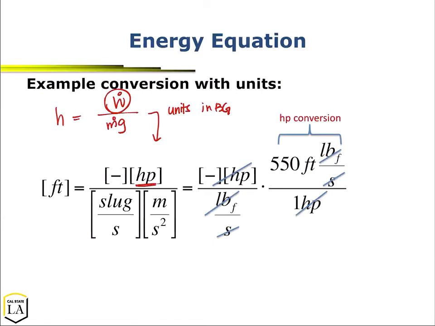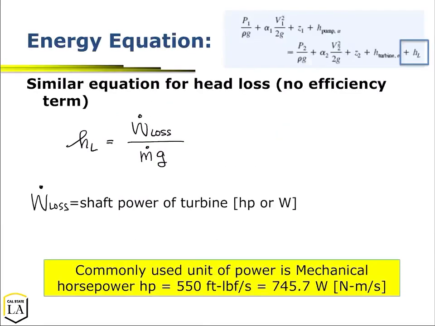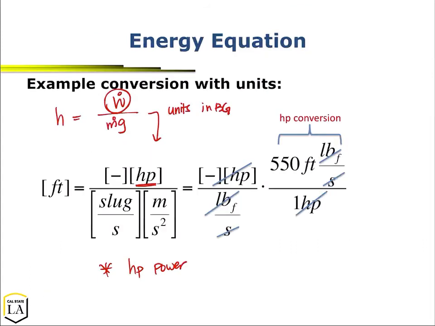One thing I want you to note, and I know this is really unfortunate, is that you should be very careful: HP, if that's given, is talking about power, a commonly used unit of power. This is not the head due to some pump.